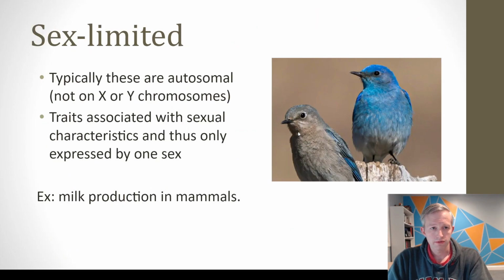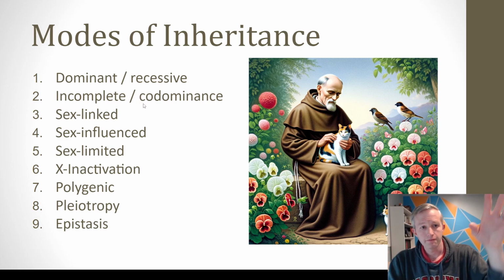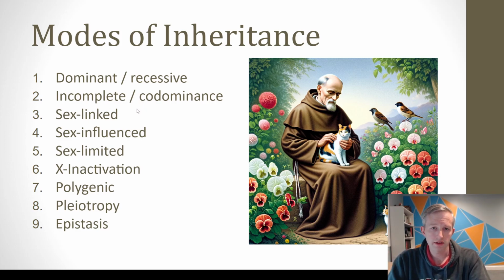So these are our different modes of inheritance, and understanding each of these examples or each of these versions of inheritance is important, and I think the examples can help. Try to keep the different sex-linked, sex-influenced, sex-limited, and X-inactivation ones straight. Some of the other ones, I think just remembering an example is helpful to understanding why it's a little bit different.